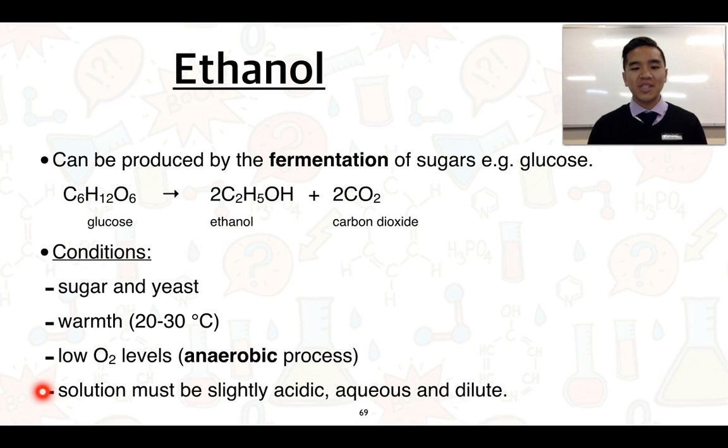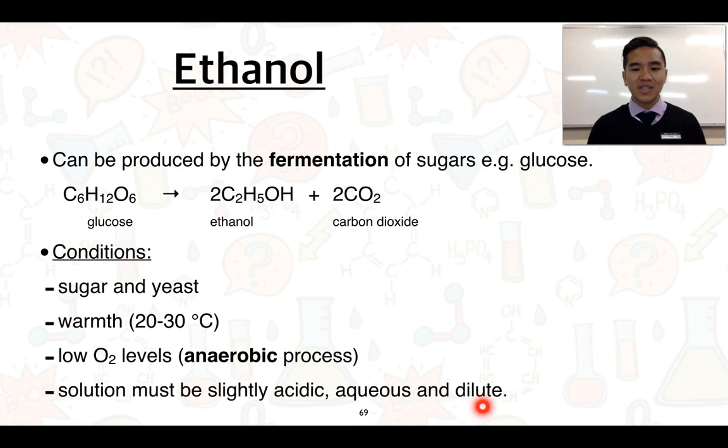Finally, the solution itself must be slightly acidic, aqueous, and dilute. It needs to be slightly acidic to just allow for the yeast to work in their optimal environment. It needs to be aqueous so that this fermentation reaction occurs in solution. We need to allow for the sugars and the yeast to essentially mix and for this fermentation to take place.